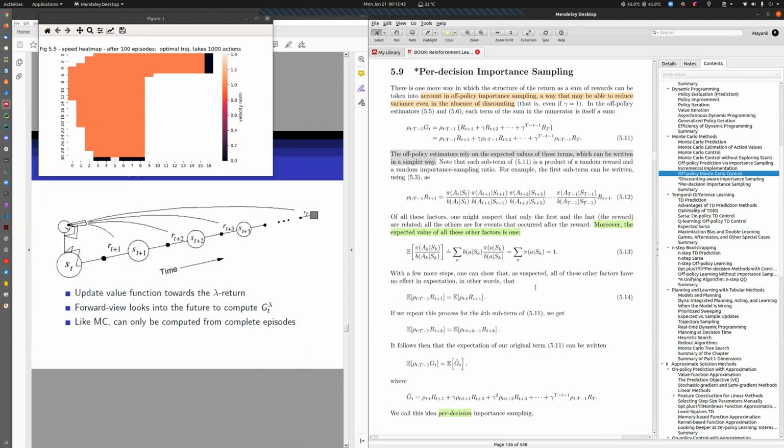What they are trying to do here is this kind of off-policy estimator. And this is the same kind of product that we have seen earlier with respect to the policies and the behaviors.